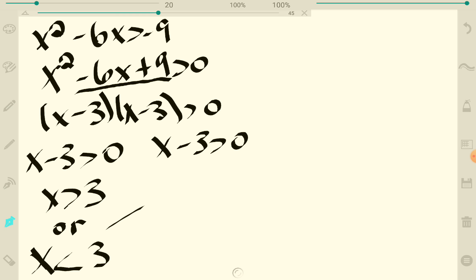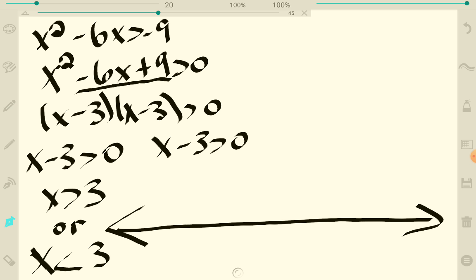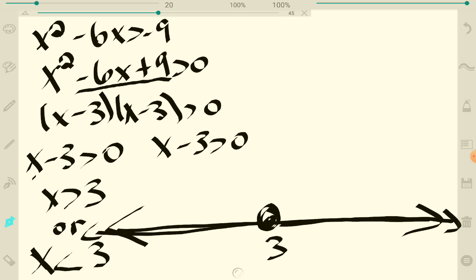So when we graph that, we put 3 right here. We would do an open circle and draw a line for x is greater than 3. And an open circle, draw a line this way for x is less than 3. Both of these are two different answers for the same problem. You can use either one because they both work.